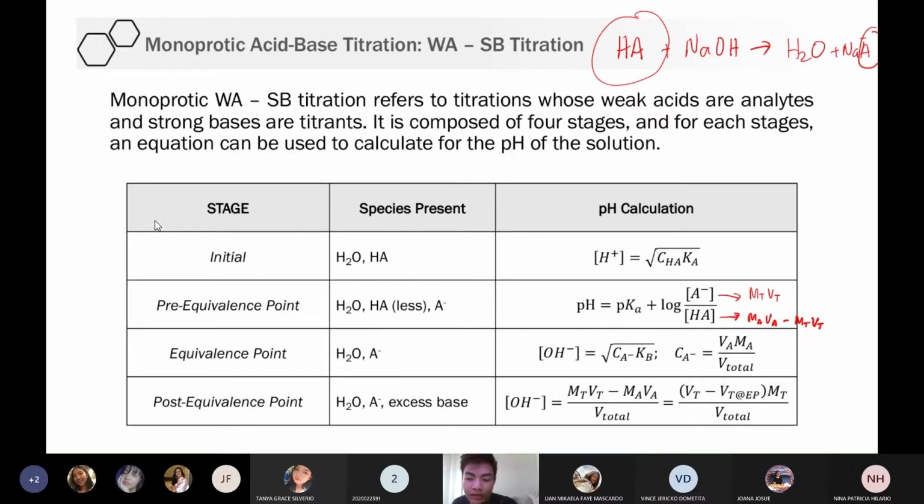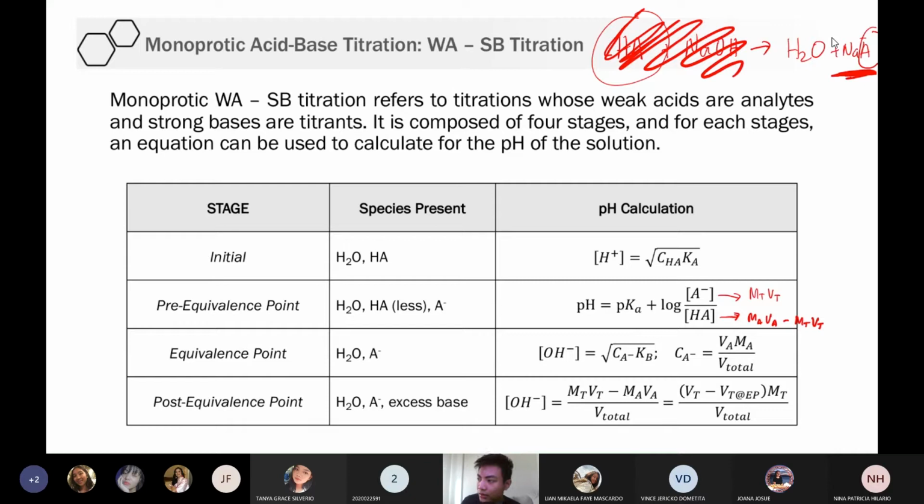Na-convert na sila lahat into the conjugate base. So yan, naging wala na to. Ubos na yan. Kasi tapos na yung reaction. Naging ganito na. Sodium acetate na siya in this example. So, naging conjugate base na lahat ng acid. Tapos na yung reaction eh. Ibig sabihin nasa product side na tayo.